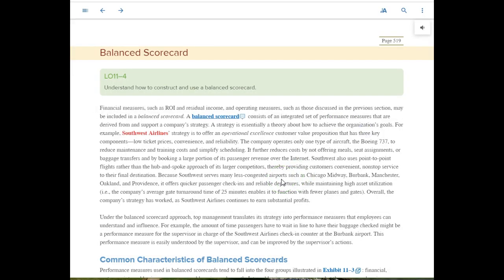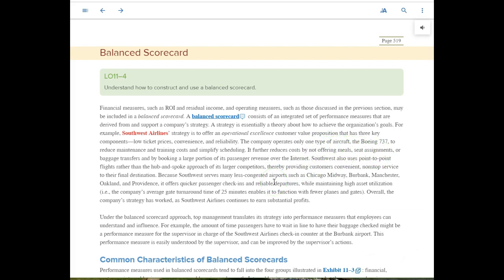Well, let's take Southwest Airlines as an example. They want to offer operational excellence to their customers. How do they do this? Low ticket prices, convenience, and reliability. One way they try to operate efficiently and therefore lower cost is to have only one type of aircraft, the Boeing 737.